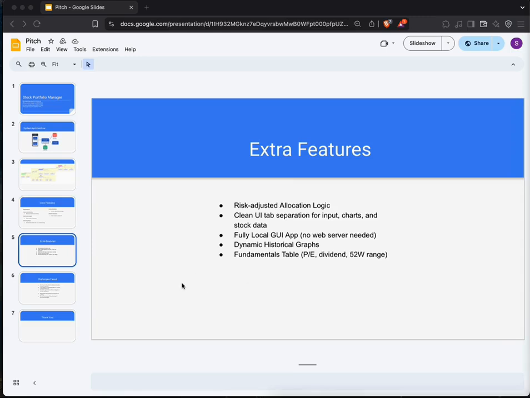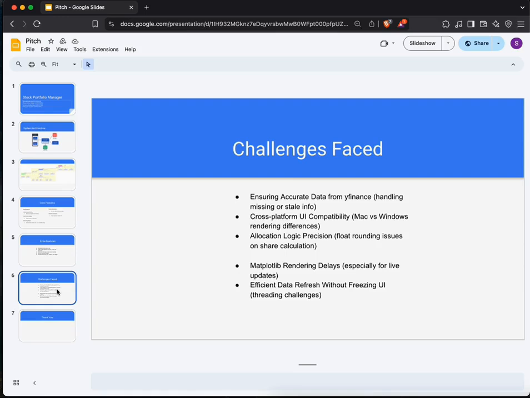These are the challenges faced. And finally, like any meaningful project, we ran into a few challenges. Ensuring accurate data retrieval from the Y-Finance API, especially handling missing or outdated entries. Making the UI cross-platform compatible, especially across macOS and Windows. Handling float rounding issues during share calculation to ensure budget precision.